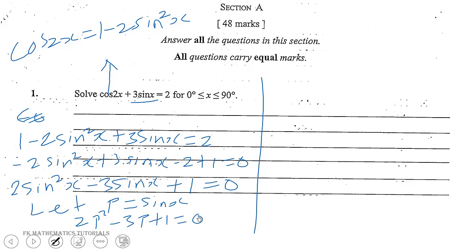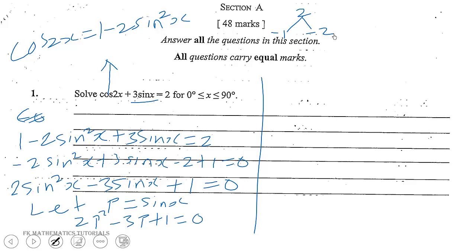This is like a quadratic equation in p. So a is 2, b is negative 3, and c is 1. So a times c is 2 times 1, which is 2. Now the factors of 2 that will add up to negative 3 are negative 1 and negative 2, and when we multiply them, we get 2.